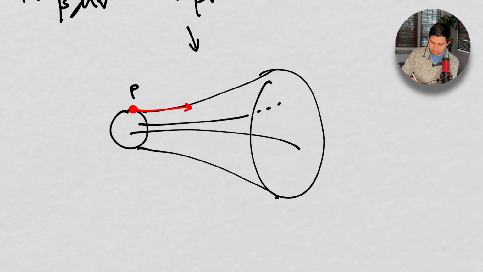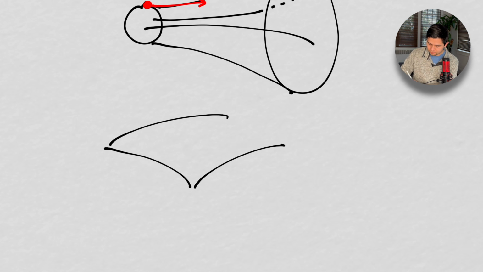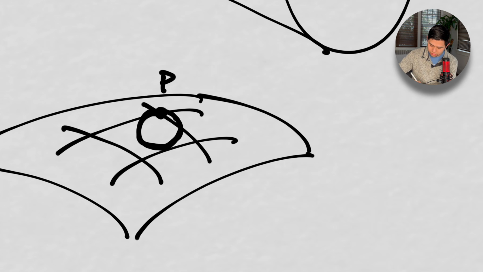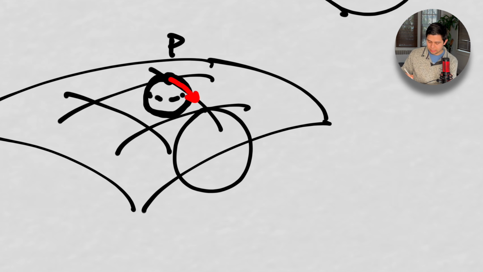And one way to think of this is, suppose we have our manifold, and the manifold's curved, and we're standing here at point P. Well, we can imagine some circle here. And if we were to travel in this direction, this sphere on the manifold gets bigger.